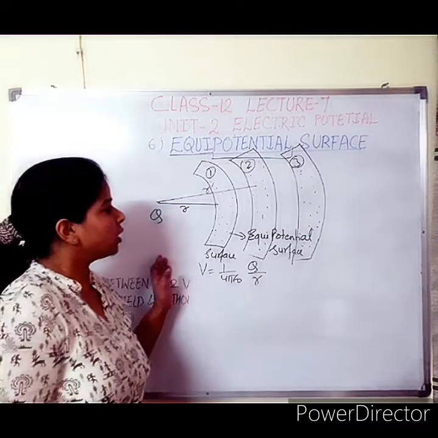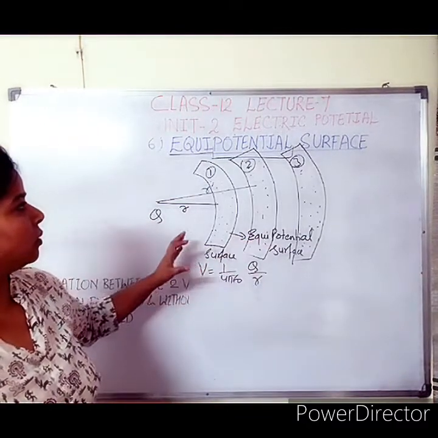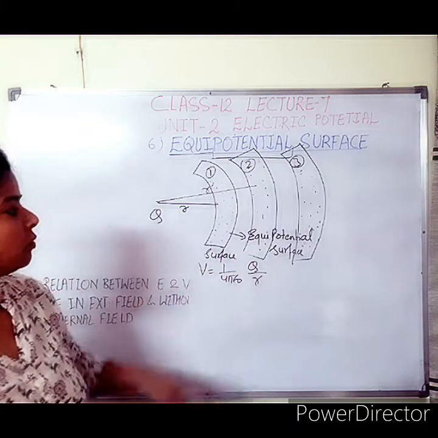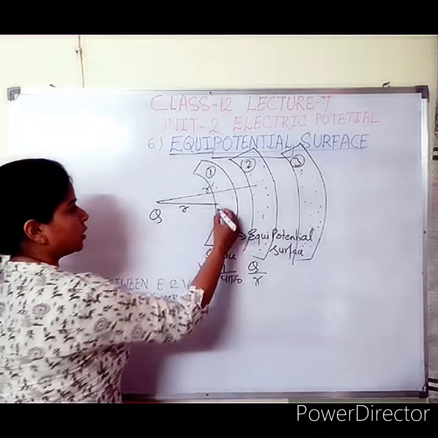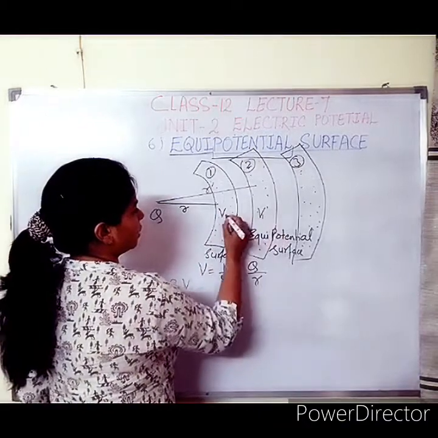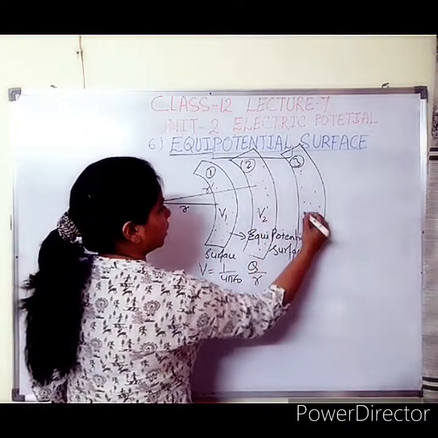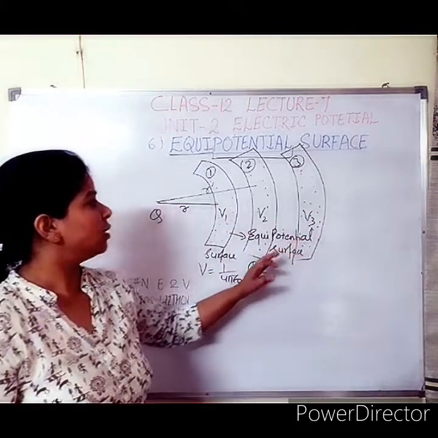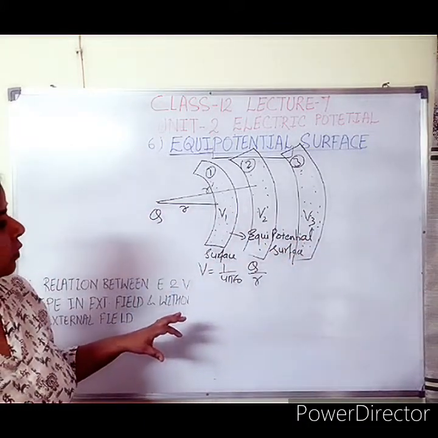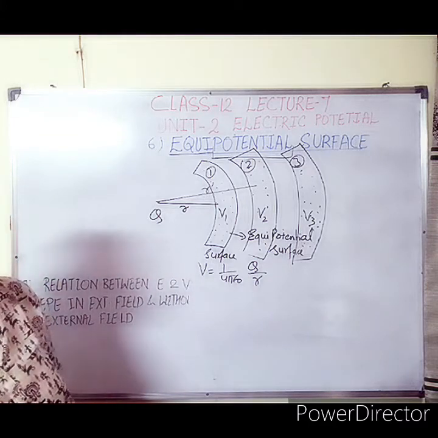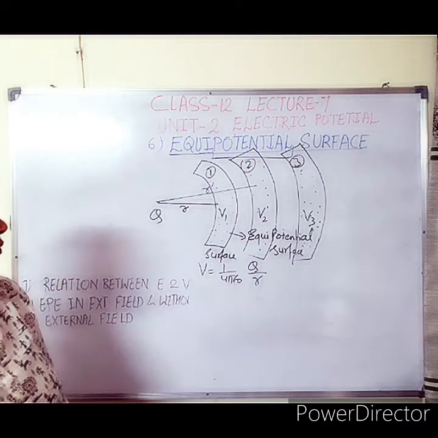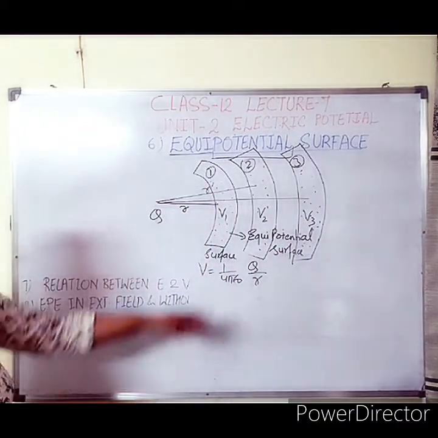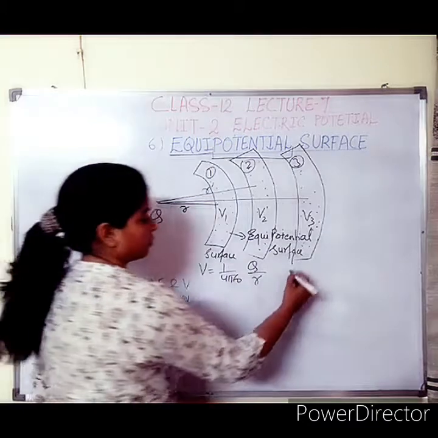Can you tell me for which member of the family of equipotential surface the potential value is minimum? The potential here is V, here let it be V1, here it is V2, here it is V3. Out of the 3 family members, this will be corresponding to surface number 3, minimum.